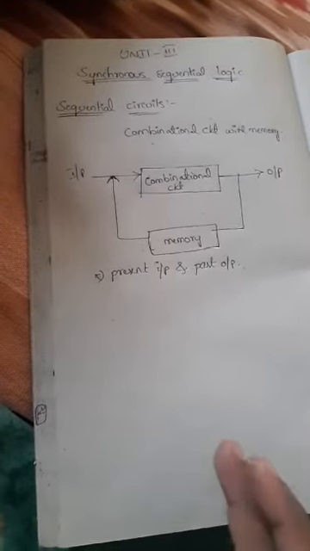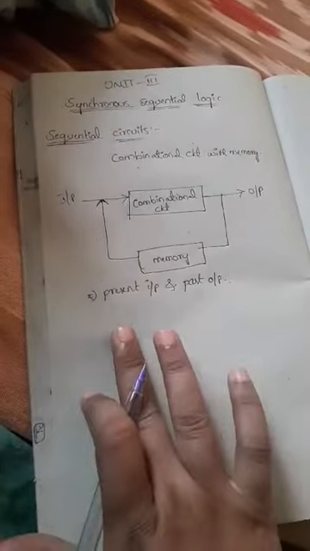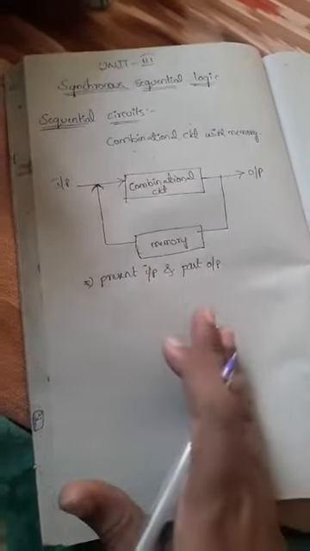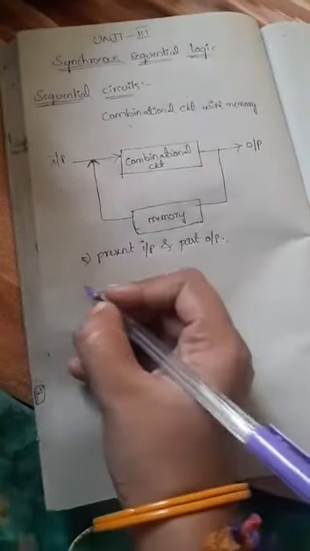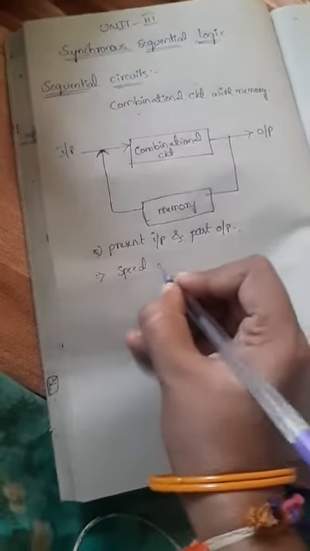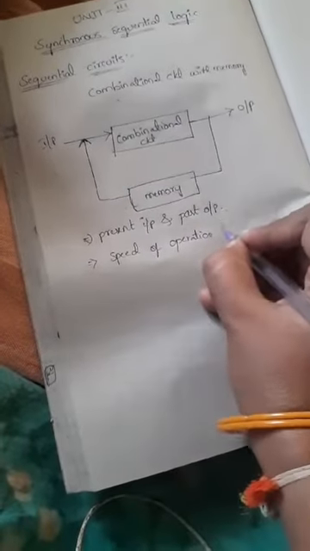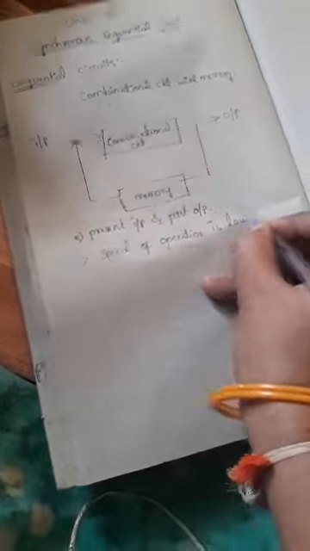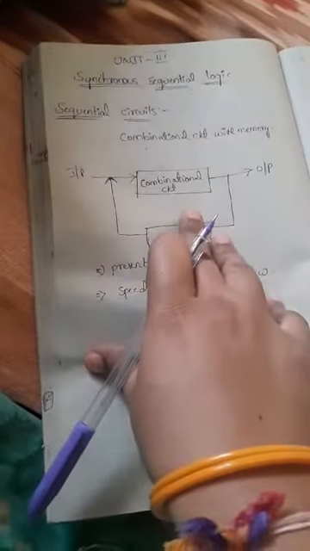The definition of a sequential circuit is that circuits whose output depends on the present input as well as the past output are called sequential circuits, and they also consist of memory. The speed of operation of a sequential circuit is low as compared to combinational circuits. So remember, this is the block diagram and this is the definition of a sequential circuit.